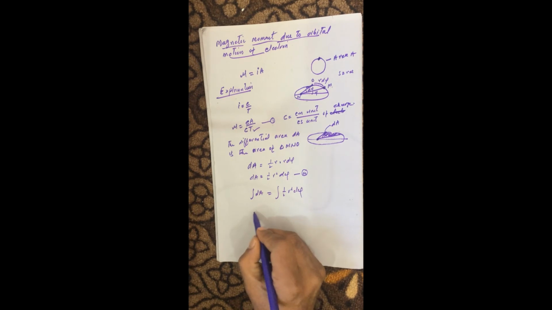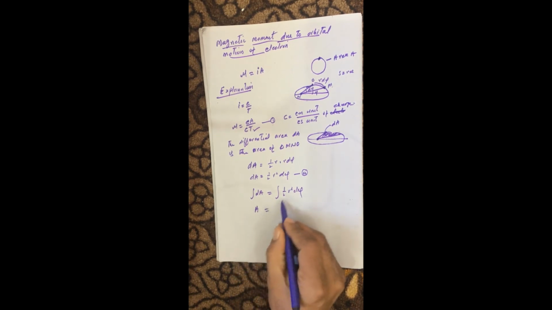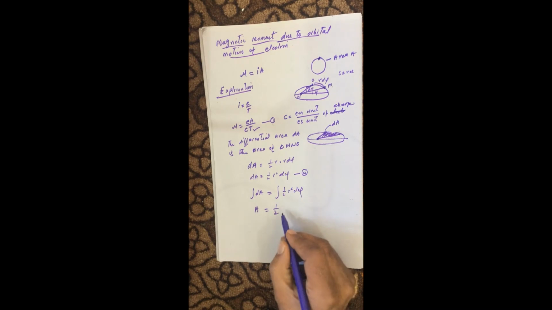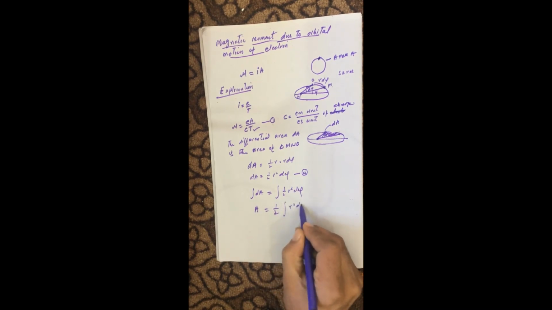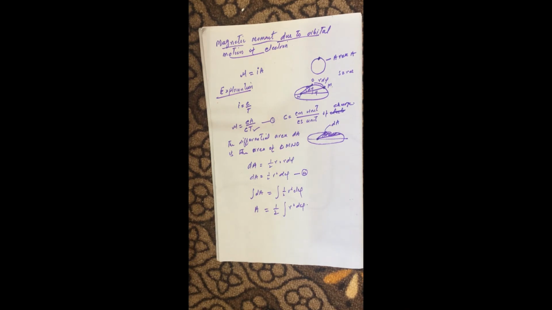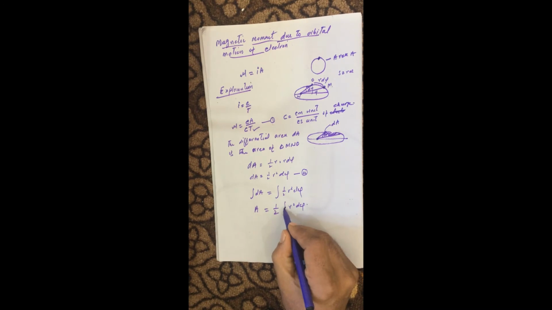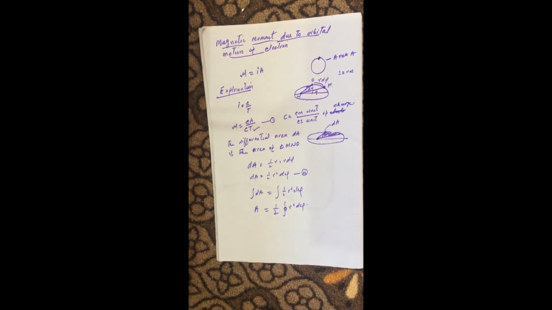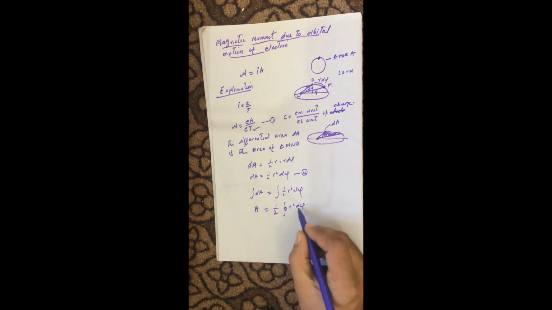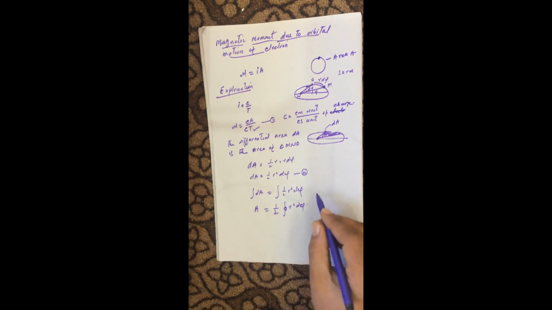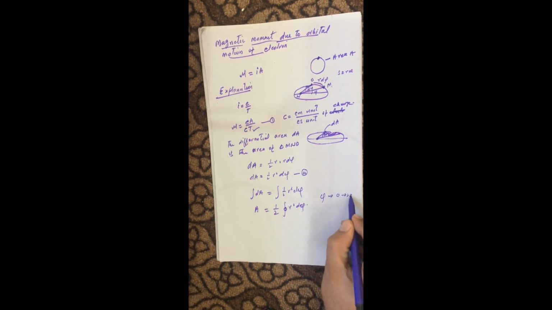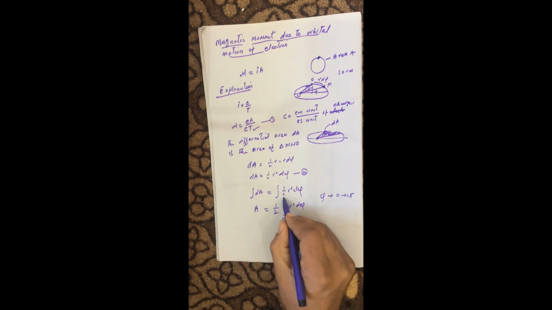So from this side we get the total area, which is equal to 1 over 2, a constant, so I keep it outside of the integral, and we have r square d phi. This is the total area of this closed loop, so I will use a closed integral. The variable is phi, and in the spherical polar coordinate system phi changes from 0 to 2 pi, so the limits of the integral are from 0 to 2 pi. This is equation number 2.